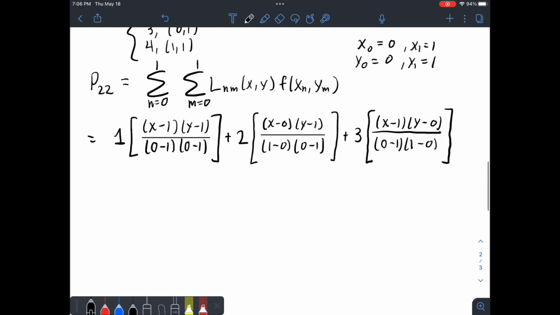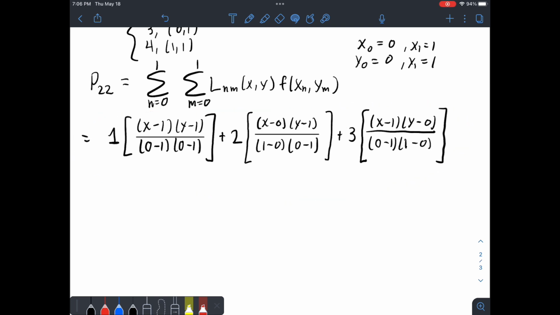And then let's see if we can fit this all on one thing. No, we can't. We're going to have to put it down here, right? Plus 4. The condition at 4 was that we were at 1, 1, so we need to have x minus 0, y minus 0 over, and then we need to be equal to 1 at the point 1, 1.